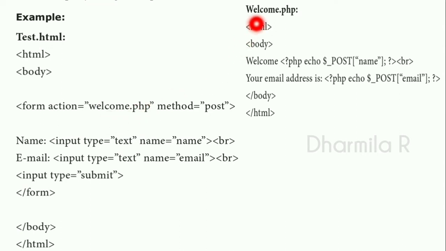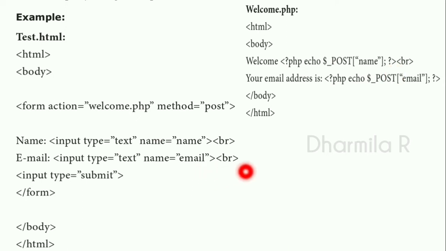The welcome file is a PHP program, and here in this program we have used the PHP variable $_POST. Here in this program we have used the post method. So the post variable is used in this program, and this post variable will collect the data and prepare the response. So in this program PHP code is embedded in HTML.